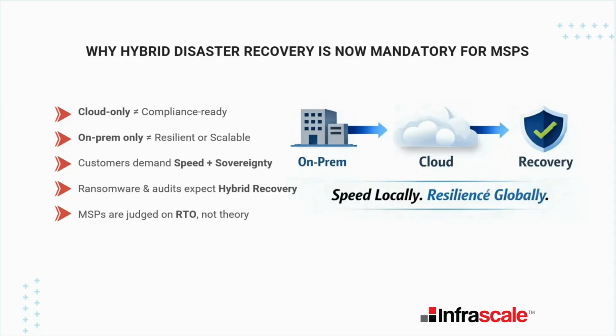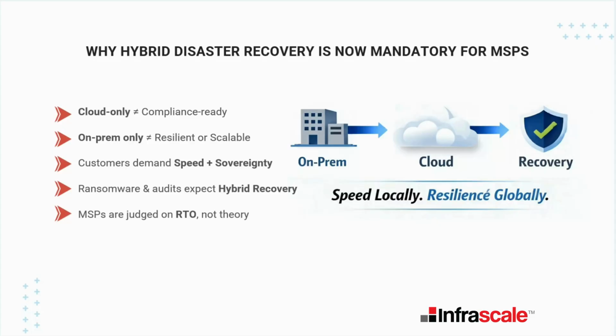What customers expect today is local performance for everyday backup and restore, combined with cloud resilience for true disaster scenarios, all without compromising data residency or compliance. Add ransomware and audits into this mix, and the question is no longer, do you have backups?